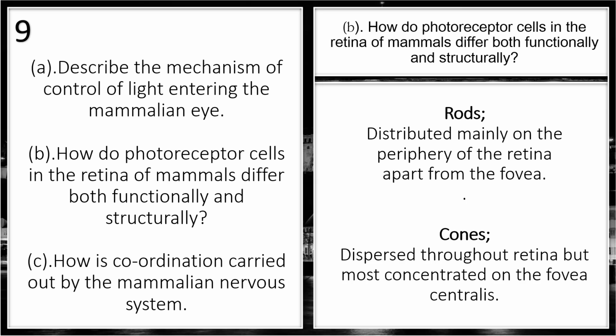The rods are distributed mainly in the periphery of the retina, apart from the fovea, whereas the cones are dispersed throughout the retina, but more concentrated in the fovea.